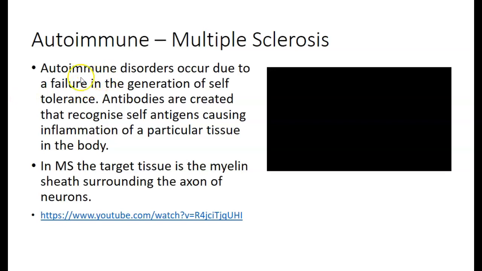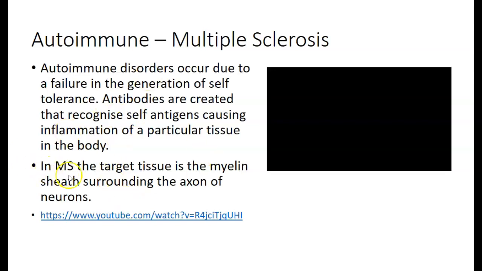Unfortunately, if someone is suffering an autoimmune disease, that means that they are capable of producing and do produce antibodies that recognize their own body's antigens as being non-self. And normally it's a particular tissue where the antigens present on that particular tissue are recognized as non-self.